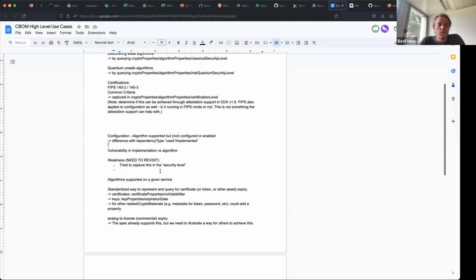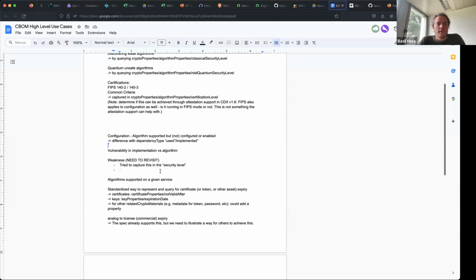But using the way with our POC that Nicholas showed, I think for that it's basically sufficient, right? We can say, depending on the policies that we have, we analyze the CBOM.